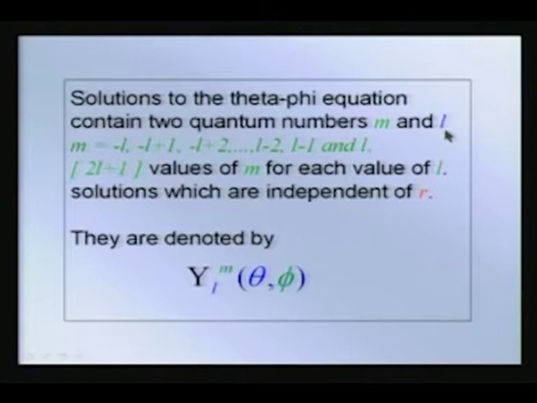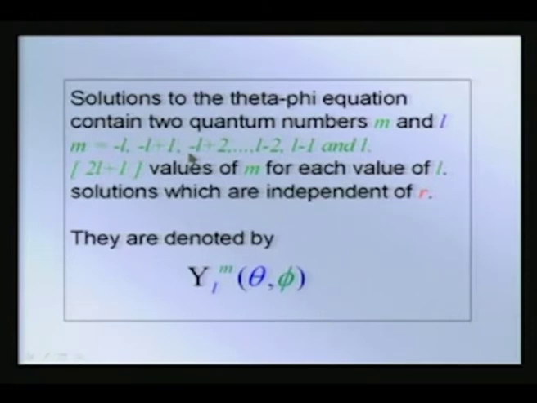Now for any given l, the value of m, which is the other quantum number, takes the values minus l, minus l plus 1, minus l plus 2, all the way up to l in steps of an integer.